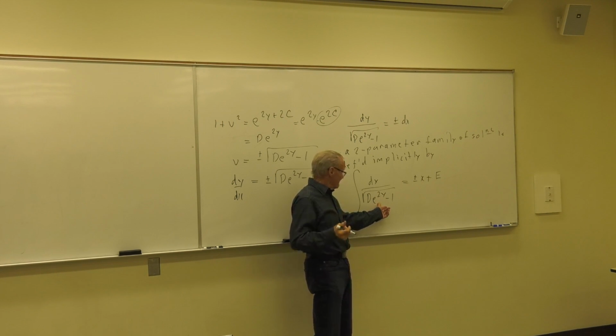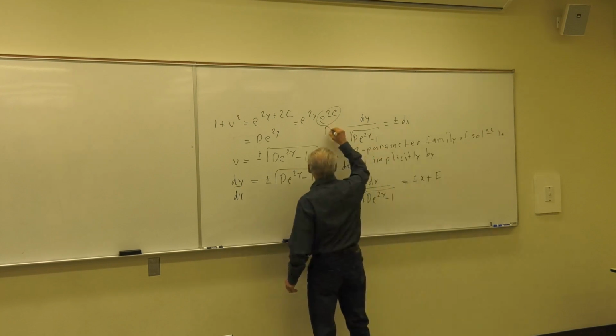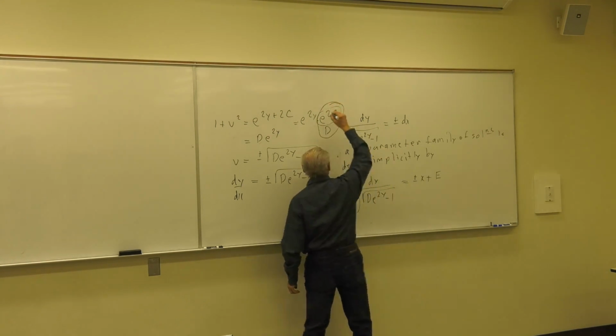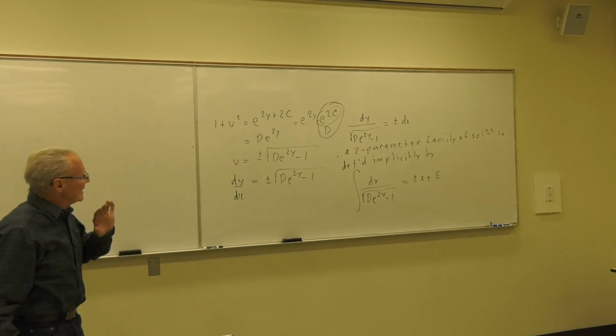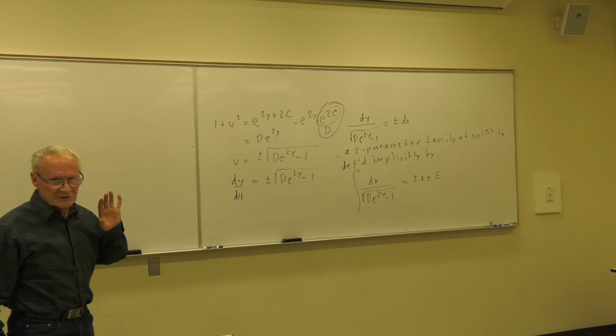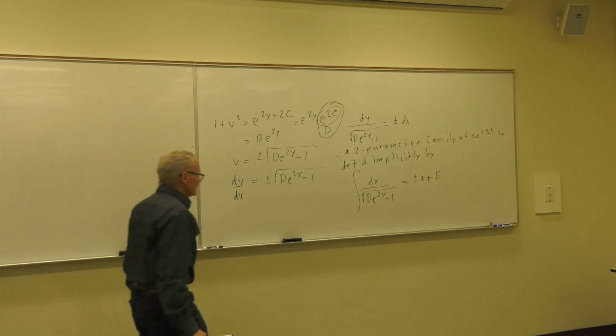Notice again, if d were 0, you'd have a problem. If d were negative, you'd have a problem. But if you go back, this was the d, that's the thing I call d. And there's no way it can be 0, and there's no way it can be negative, so everything is just fine. But how do we integrate that one?